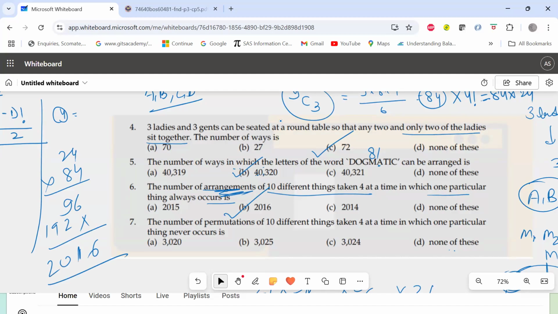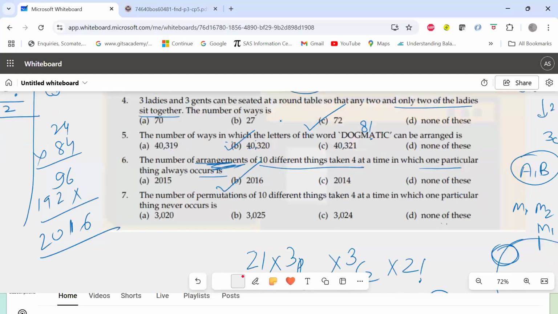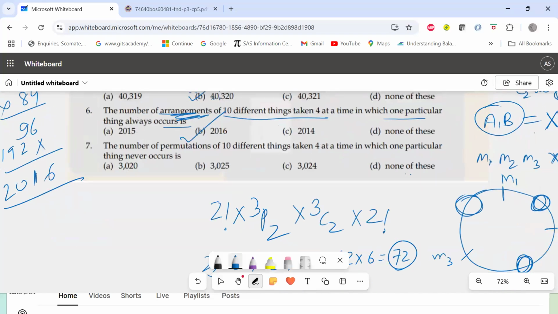Now, the number of permutations of 10 different things taken 4 at a time in which one particular thing never occurs. So this is again a permutation. One particular thing never occurs. From 10 things you have to take 4, and A should not be there.